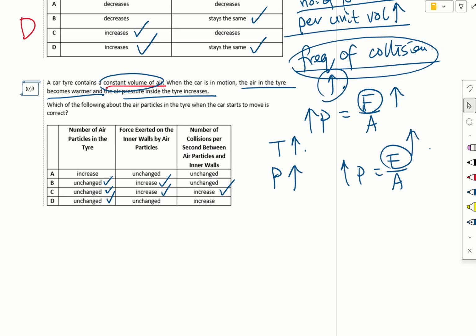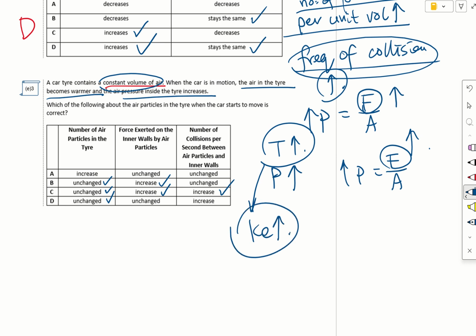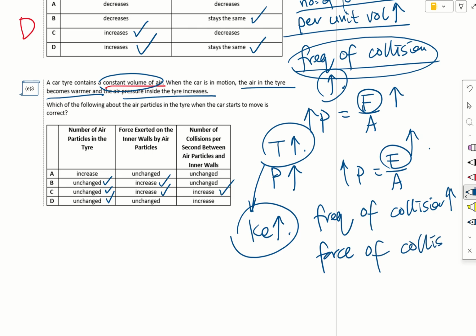Why do they increase even though the volume remains constant? Because as temperature increases, the KE also increases. When the KE increases, there's a higher chance of collision. The frequency of collision increases, and also the force of collision will increase.